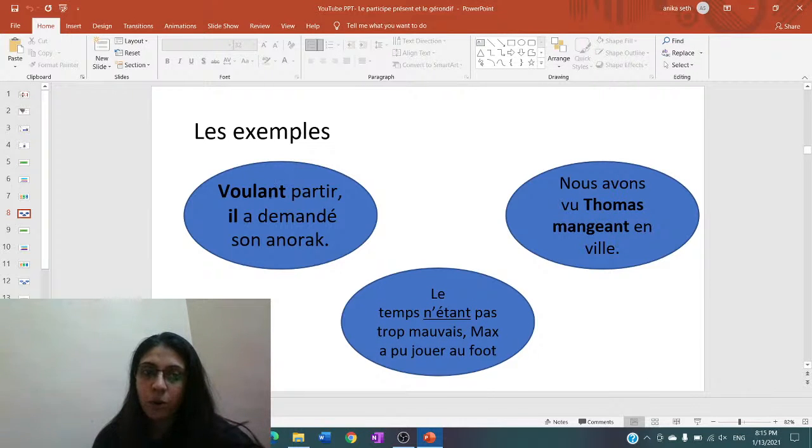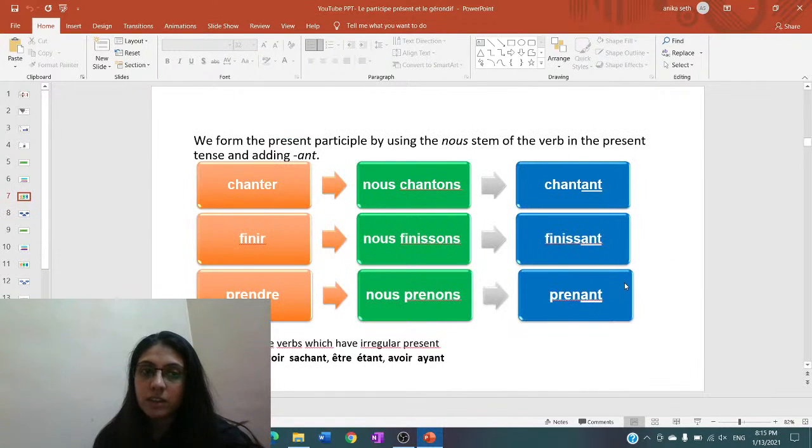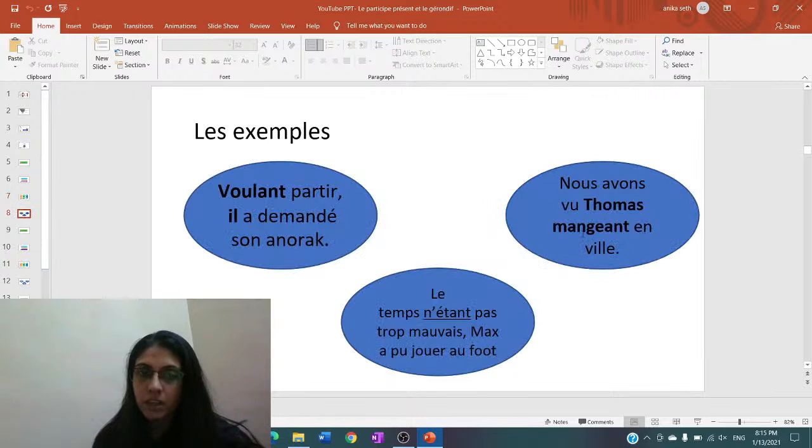So, voulons is formed from vouloir. The formation of voulons, mangeons is in the same way as what we have just done: we put the verb in the nous form of the present tense, then we remove ons and put ant. So this formation is the same. In the case of the verb être, this is an exception. So it would be étant. And why is the verb être an exception?